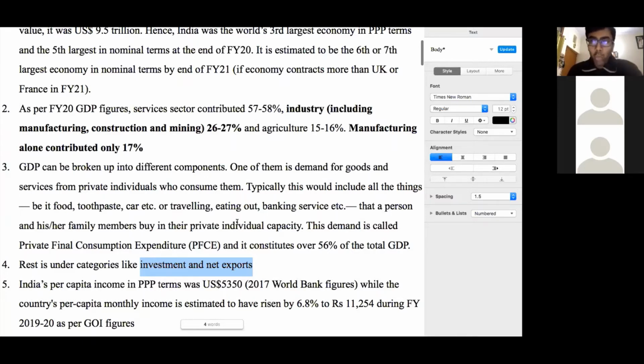There's another publication called Bloomberg, and Bloomberg Quint is there. Reuters.